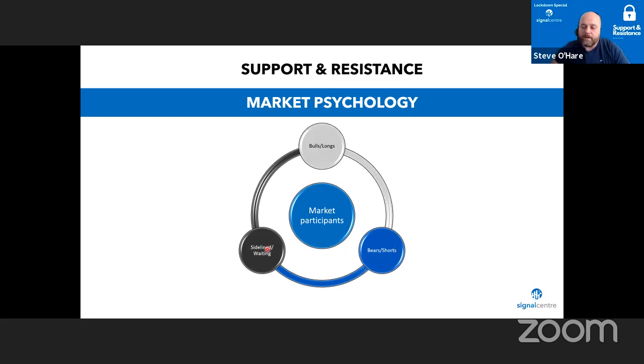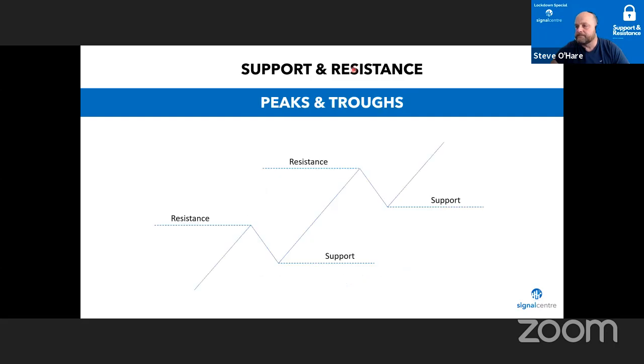And what happens if we're talking about an upward trending market and the market has moved higher? Let me go back to this point here. You've seen the market move high, and the sellers, the bears, have come in, and the market has moved back lower.